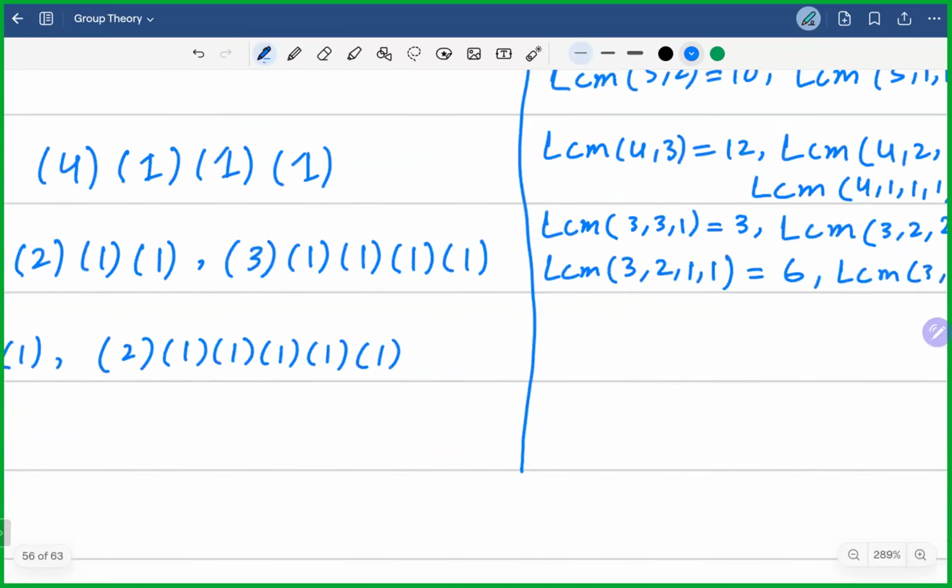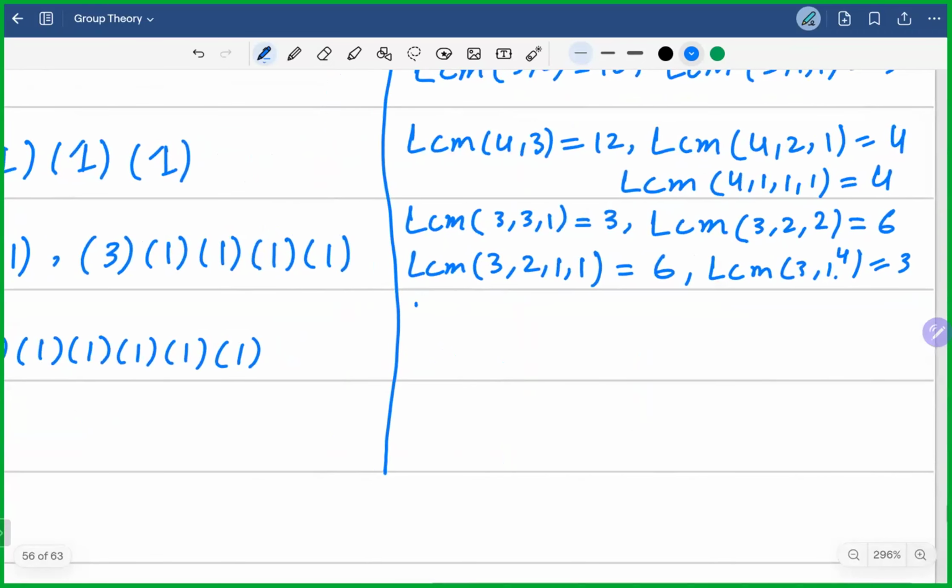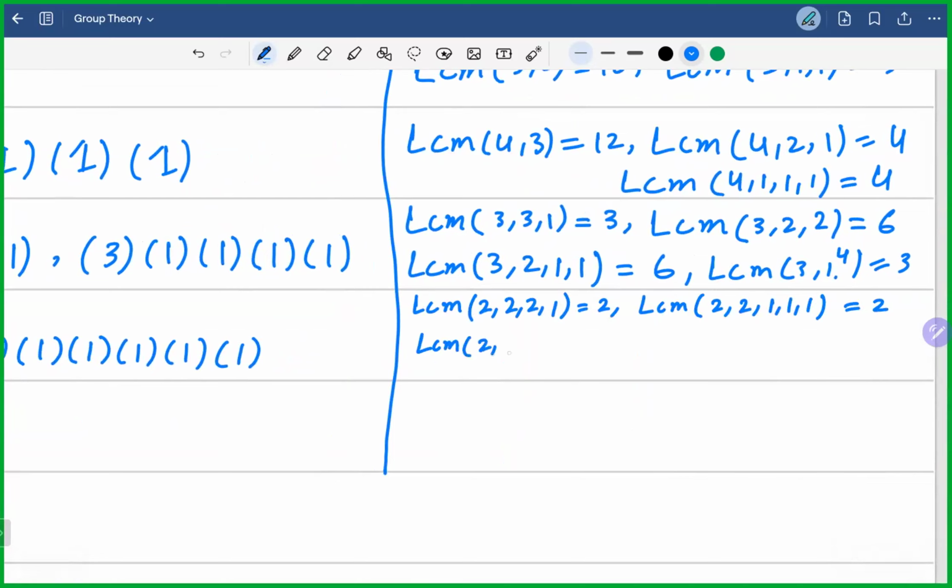And LCM of 2, 2, 2, 1 is 2. LCM of 2, 2, 1, 1, 1 is 2. And LCM of 2, 1 power 5 is 2.